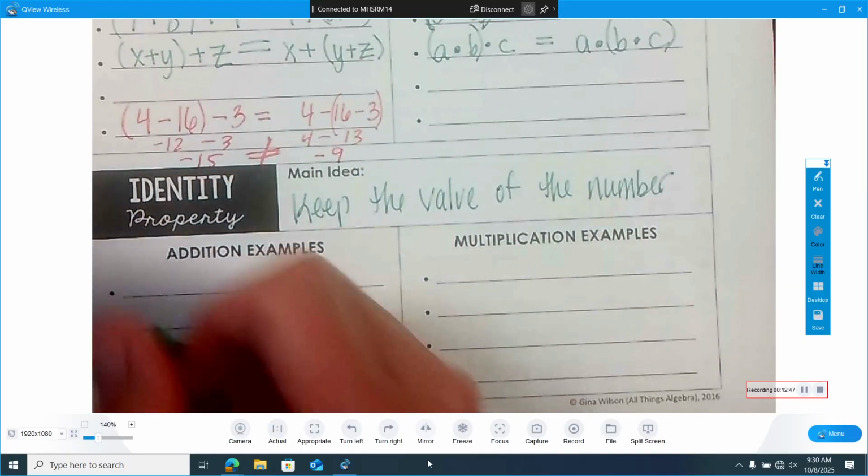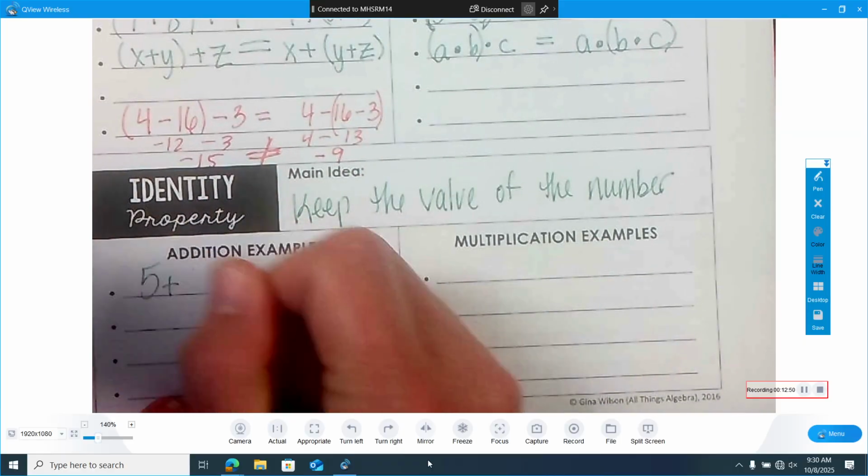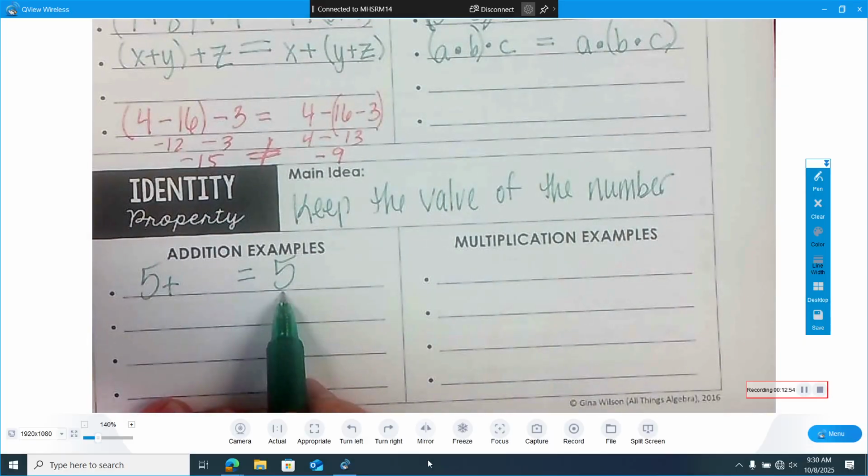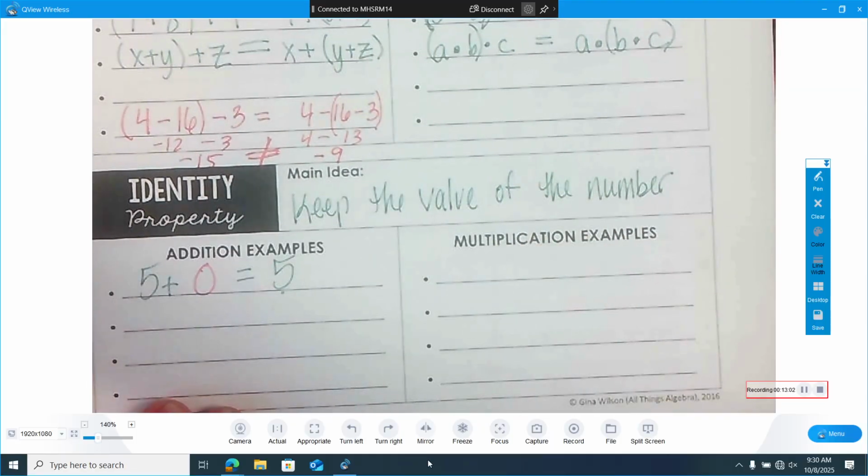What can I add if I start with a 5? What can I add that's going to result in the same exact value? What can I add to 5? 0. That is the identity property. If I add a 0, I keep the value the same.